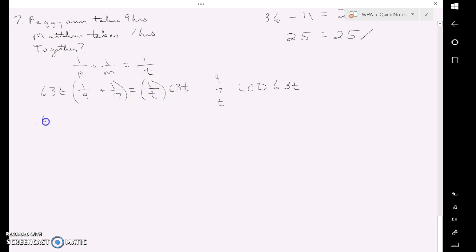So we get 63t over 1 times 1/9 plus 63t over 1 times 1/7 equals 1 over t times 63t over 1.